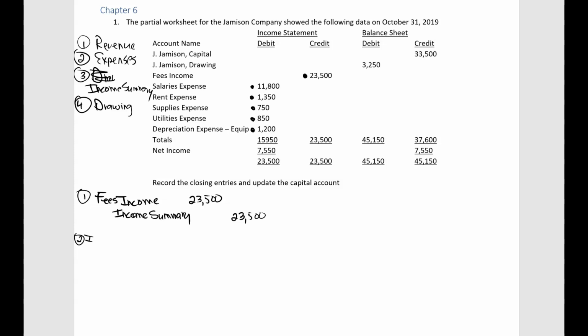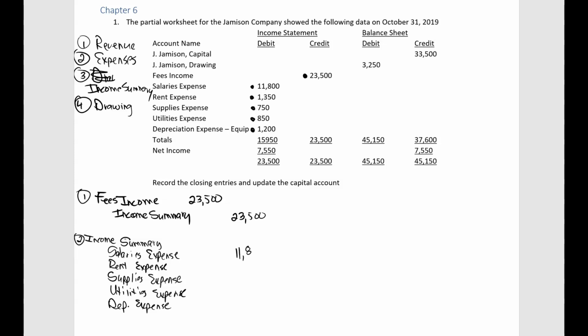Our debit will then be income summary. And then I'll credit each one: salaries expense, rent expense, supplies expense, utilities expense, and depreciation expense.